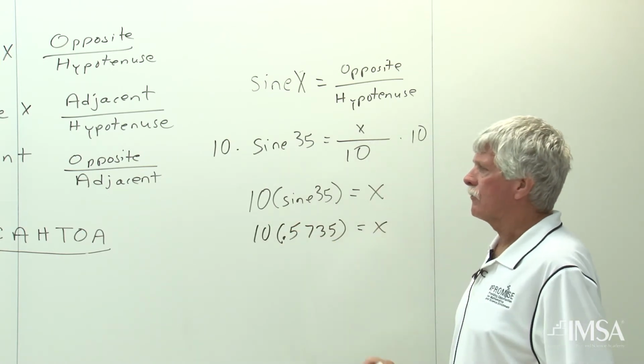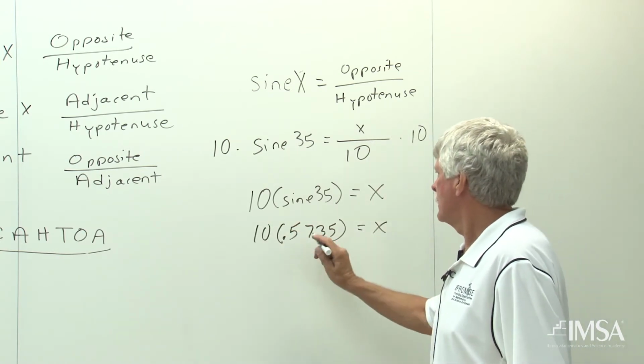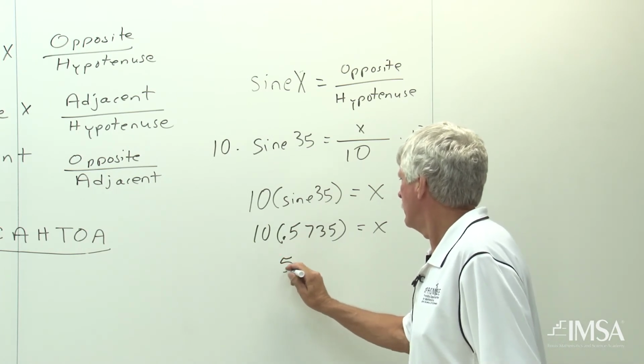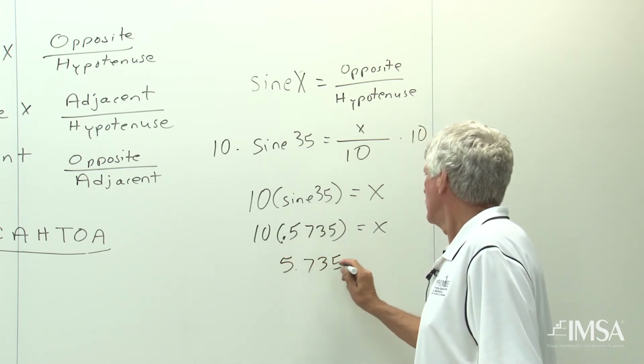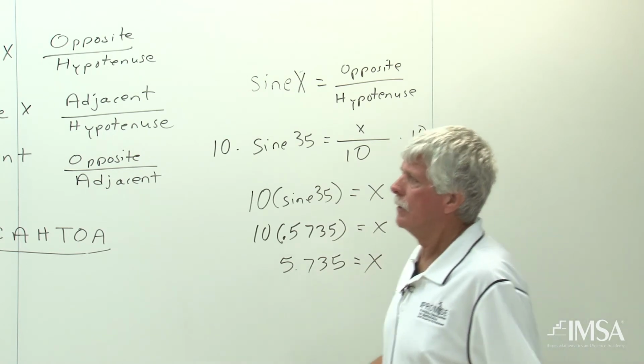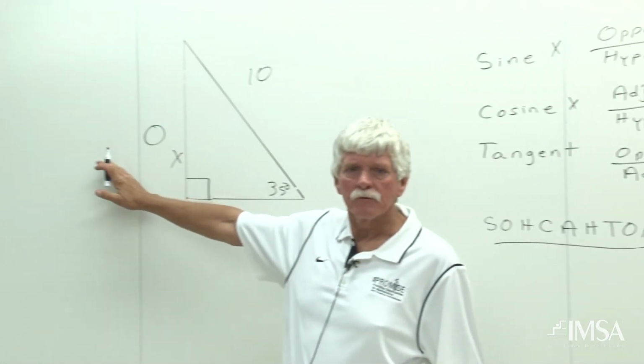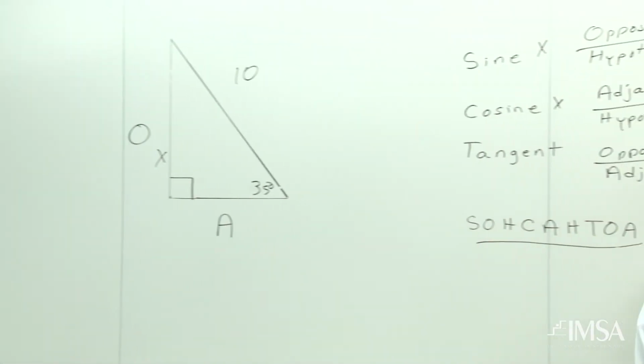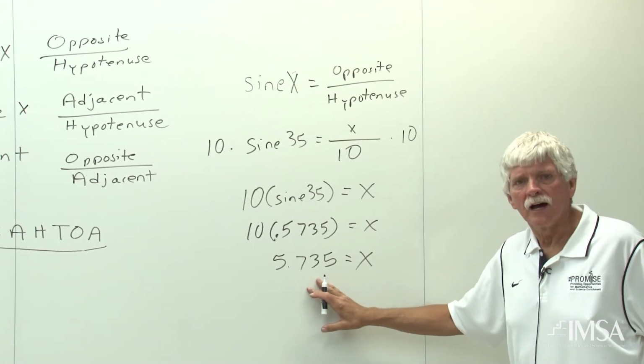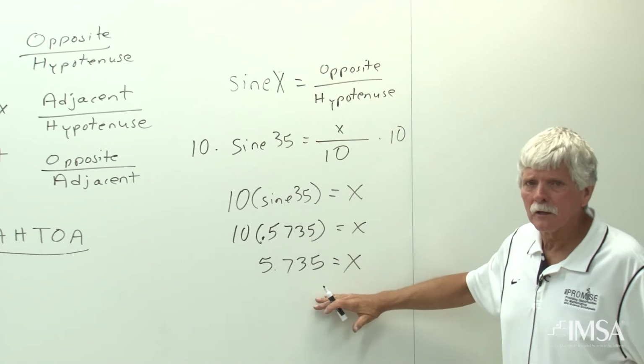And that's equal to x. I multiply these, so I end up with the length of the opposite side. That is 5.735.